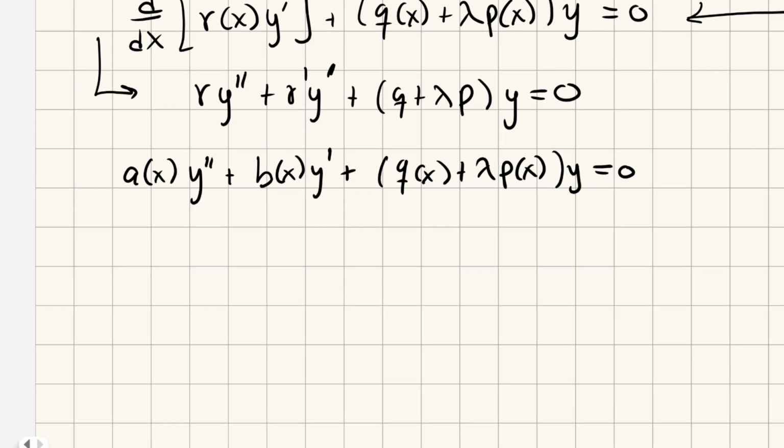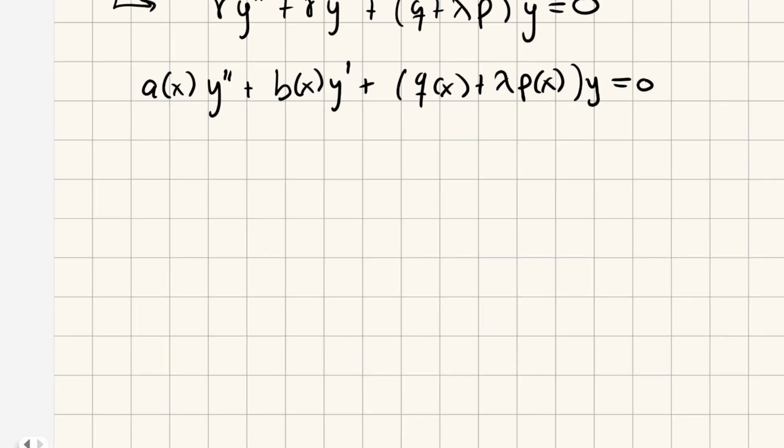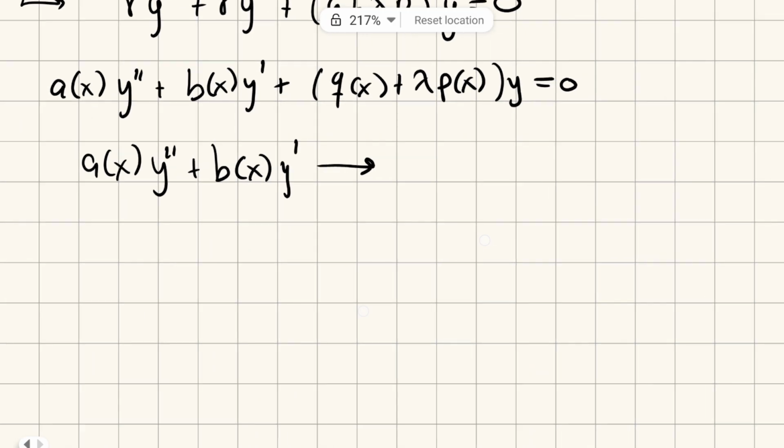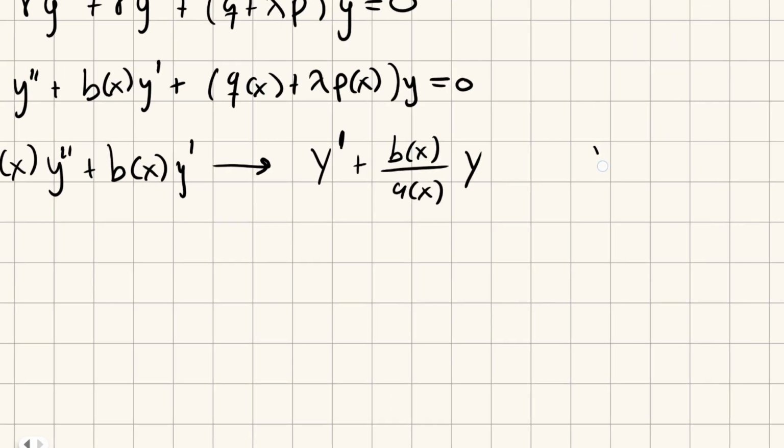In this case, we need to establish that b is not necessarily the derivative of a. Okay, that is going to be important. So we are going to notice this expression, a of x y double prime plus b of x y prime, and we are going to construct an equivalent expression that is going to be y double prime plus b of x divided by a of x times y prime.